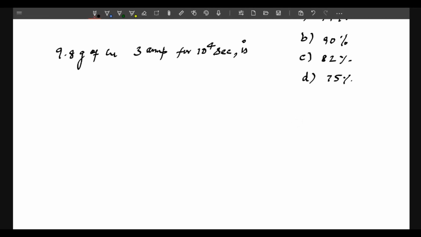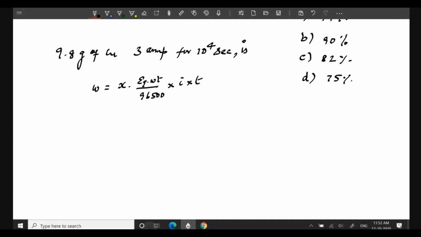Sir, this type of problem we have not solved so far, but this problem can also be solved. A slight modification in the equation we are going to use. The weight of the substance deposited is X into equivalent weight by 96,500, that is the Faraday constant, into I into T. Here, what is X?